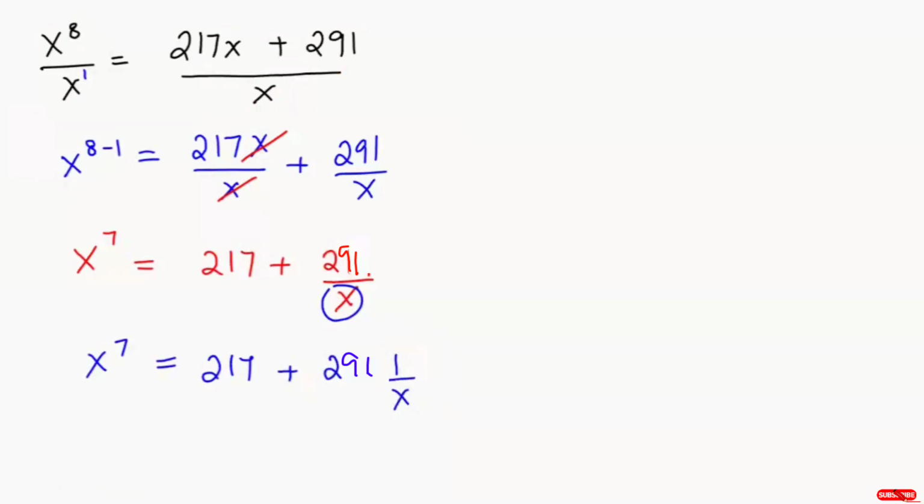Now next here, I want to plug in the value of 1 over x. So for that, as we know the x value, that is x is equals to root of 13 plus 1 over 2. To find out the value 1 over x, I'm going to do the cross multiplication.